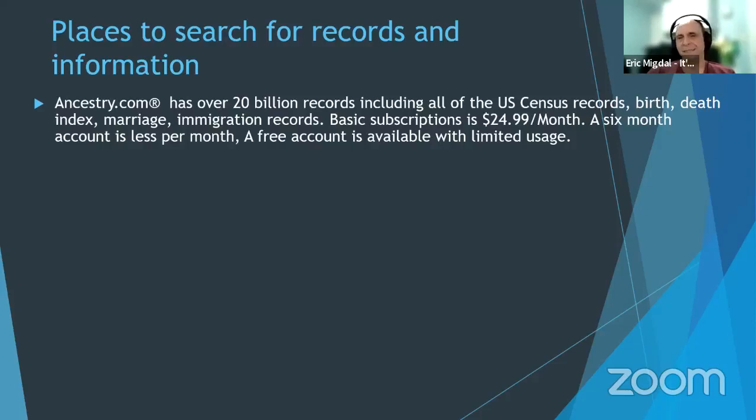They do have a basic subscription cost of $24.99 a month. A 6-month account is less per month, and they do have a free account that is available with limited usage. Libraries usually also do have some sort of research guides for you to use, including Ancestry, Library Edition, and a couple of others that are out there.